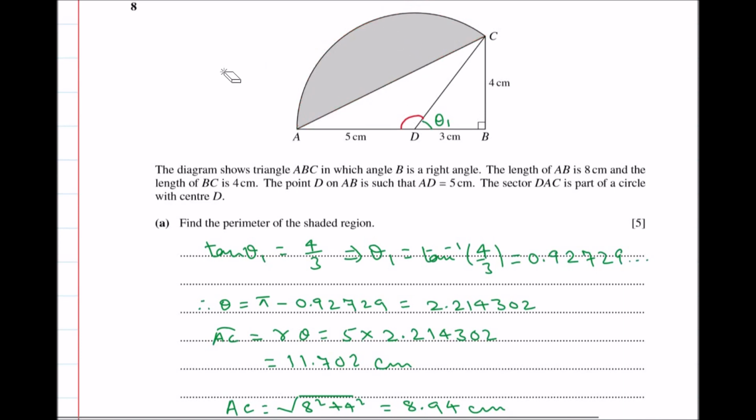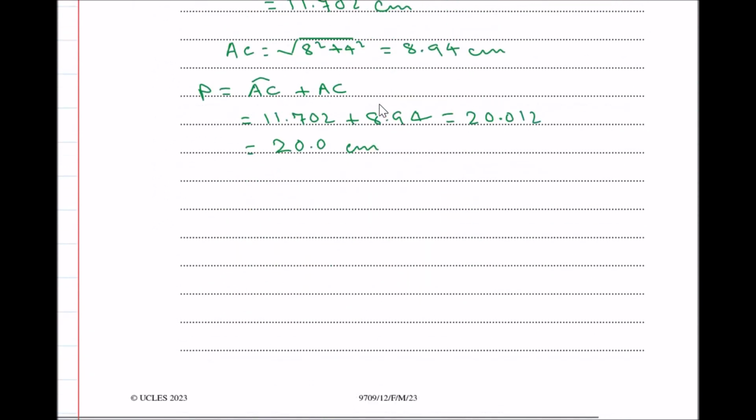So area of the sector we can find, and then we can subtract the area of this triangle. So that will give us area of the segment. Shaded part is the segment. Okay. Let's do. So area of triangle ACD.